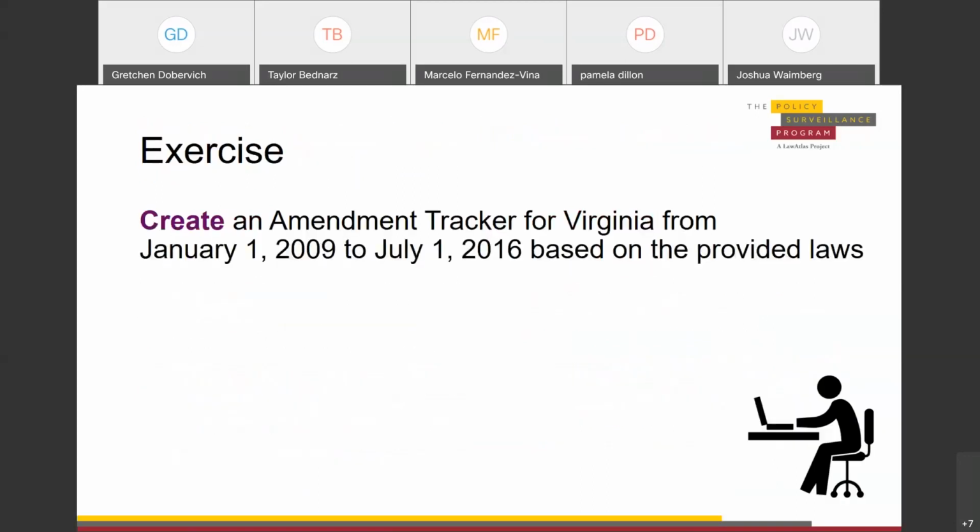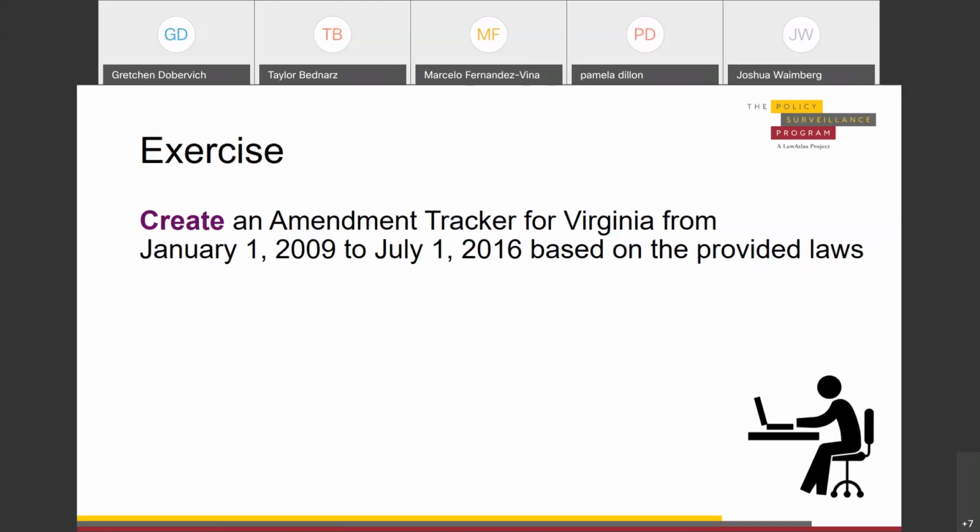So what we're going to do now is, on the page that you saw when you first entered this course, there is a document for Exercise 1, Amendment Tracker. That exercise is the creation of an amendment tracker for Virginia from January 1st, 2009 to July 2016 based on the provided laws.